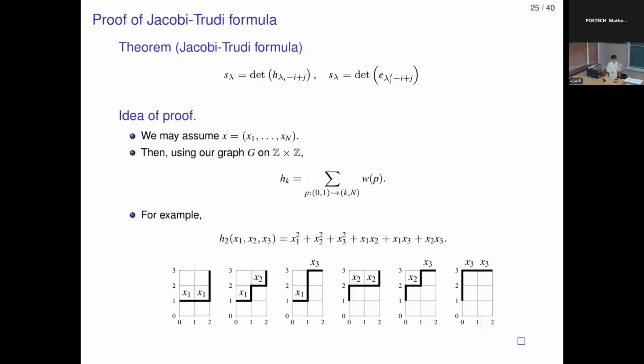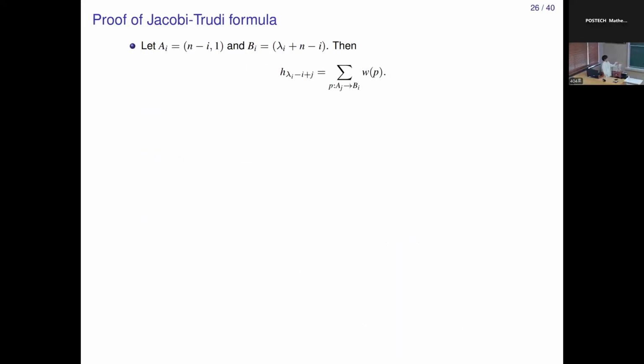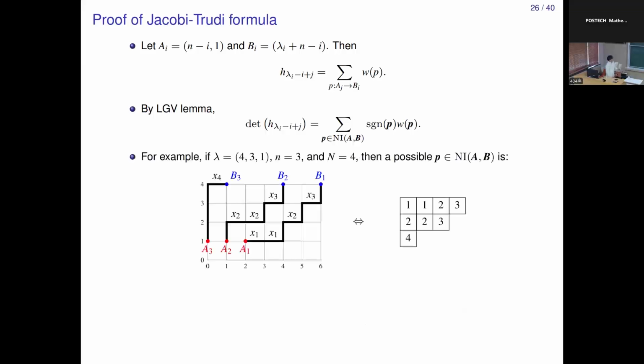Now we have all the settings, so we can prove the Jacobi-Trudi formula. The setting is that I'm going to define Ai to be this. Maybe I can just show you the diagram. Given lambda, A1, A2, A3 are put like this, at (n minus i, i). So these are all consecutive like this.